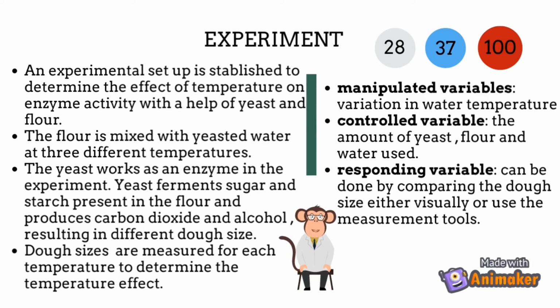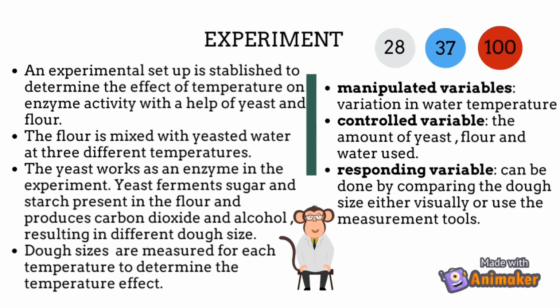The flour is first mixed with yeasted water at 3 different temperatures: 28, 37, and 100 degrees Celsius. The yeast works as an enzyme in the experiment. As we know, yeast ferments sugar and starch present in the flour and produces carbon dioxide and alcohol. This results in different dough sizes. The dough sizes are then measured for each temperature to determine the temperature effect.